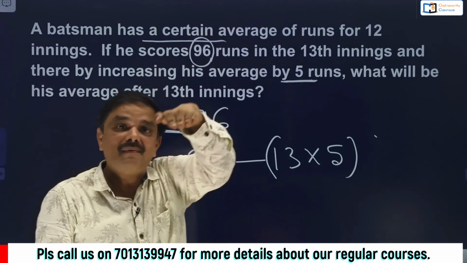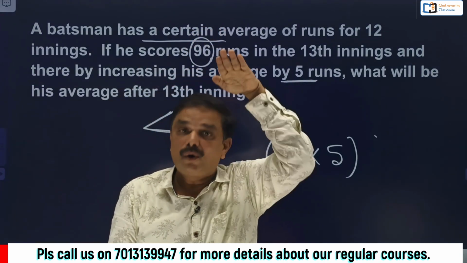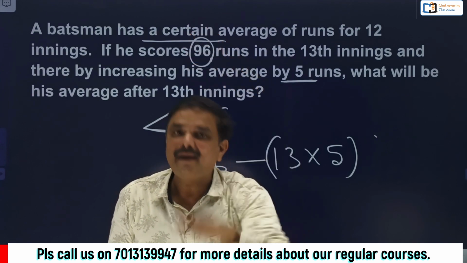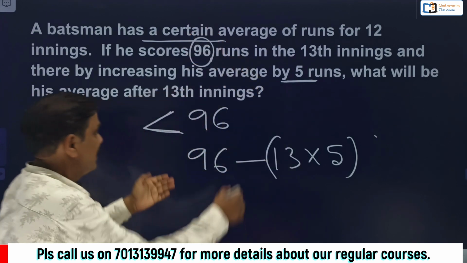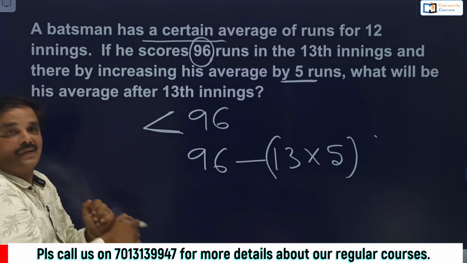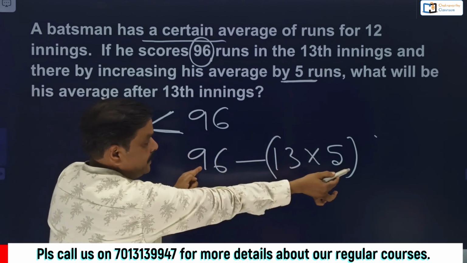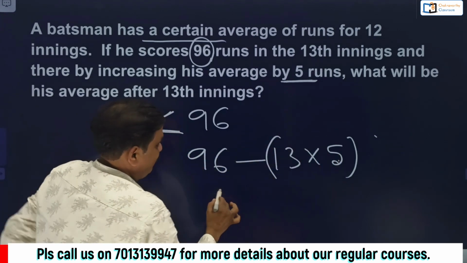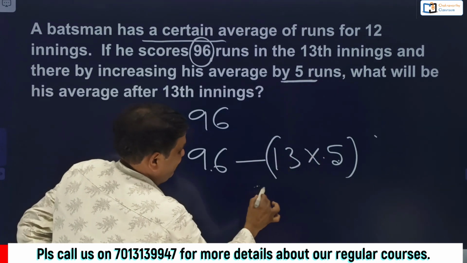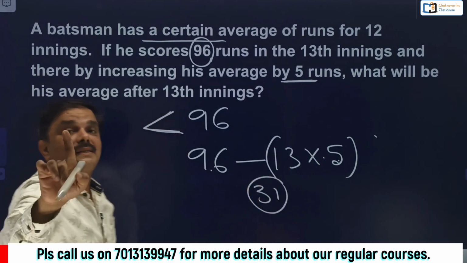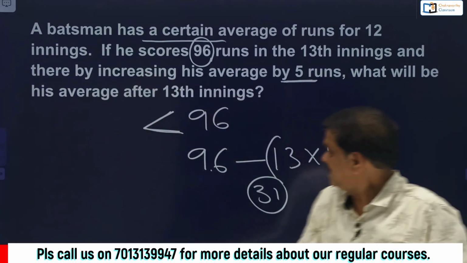That means the previous average was definitely less than 96. How much was that? That average was included in this only. So from the 96, you need to deduct 13 into 5, 65. 96 minus 65, 31. The previous average for 12 innings was 31.